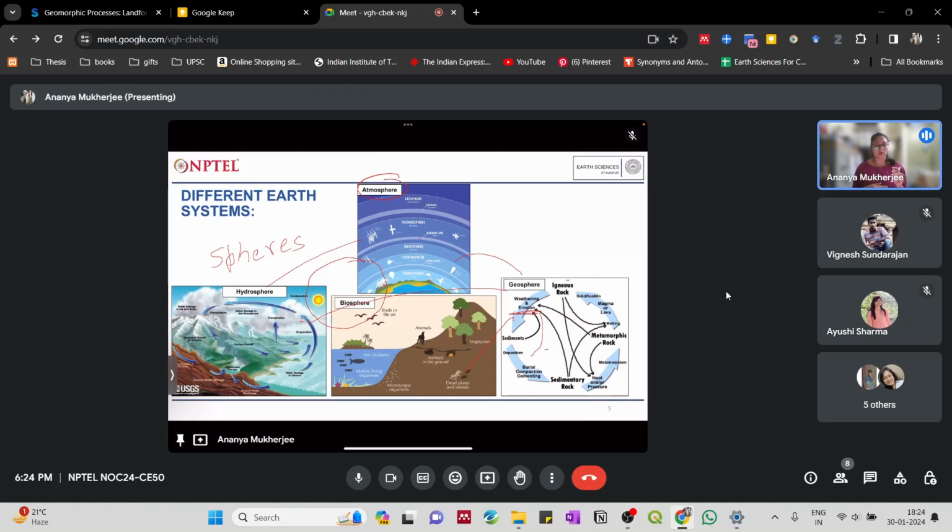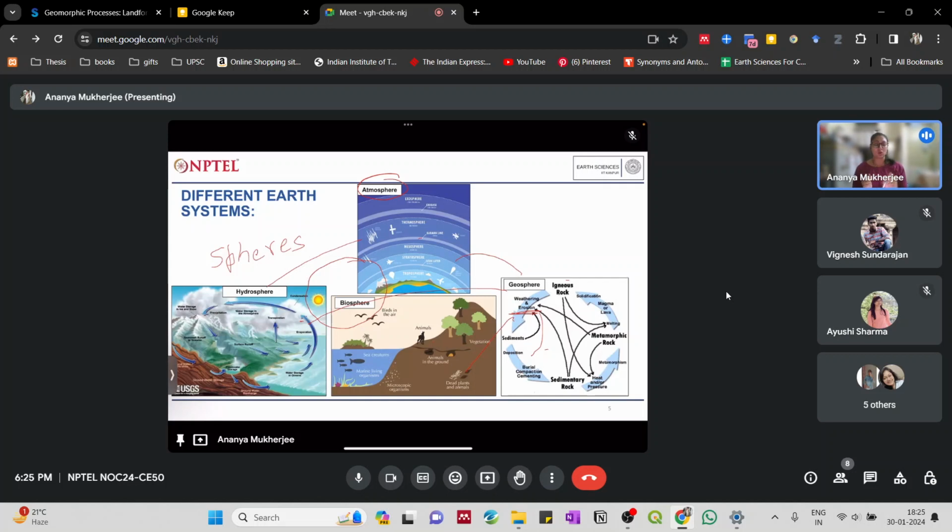Obviously, when animals die, like how we get fossil fuels: living beings, millions of years ago, got fossilized, and then we get the reserves of different fossil fuels. You have coal, and then you have petroleum. So this is again an interaction between the biosphere and geosphere.